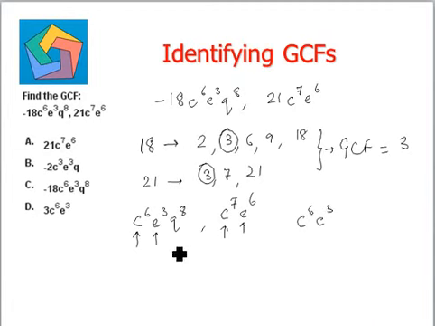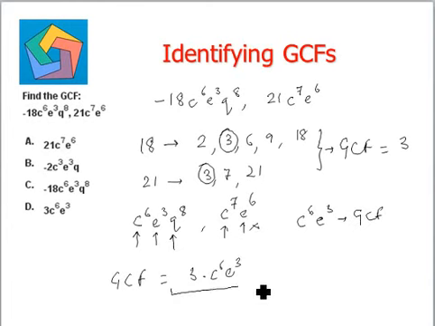Q is over here as q to the power of 8, while q doesn't exist in the second monomial. So c^6 e cubed is the GCF of the variable part. So we combine the two GCFs. The final GCF is 3 times c^6 e cubed. This is the final answer, which can be seen in option D.